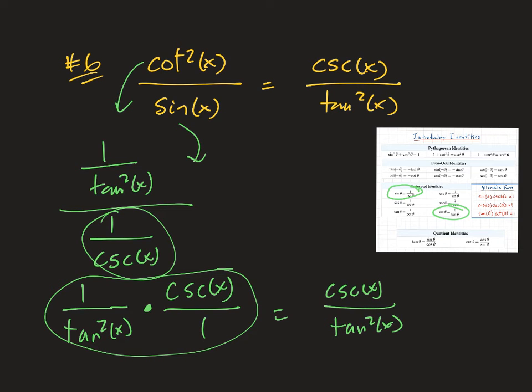So we made it. That's exactly what we were asked to find. And we just used these reciprocal relationships as well as our strategy for simplifying a complex fraction by flipping and multiplying the denominator. That's number 6. Let's move on to number 7.